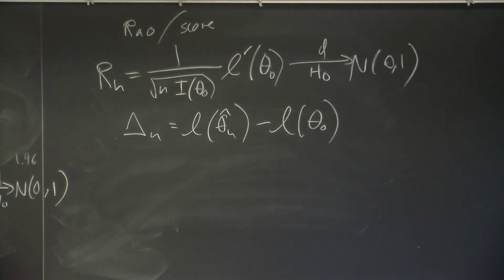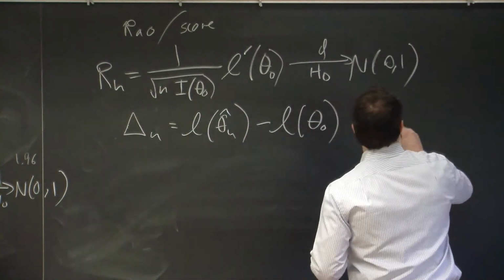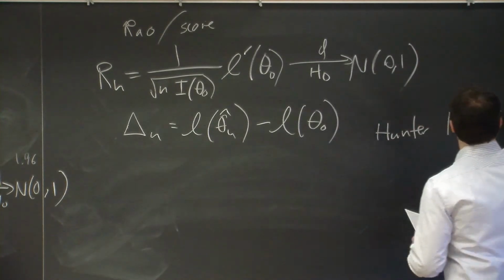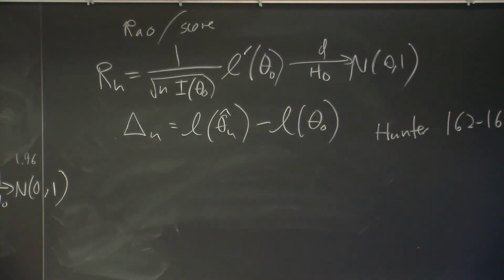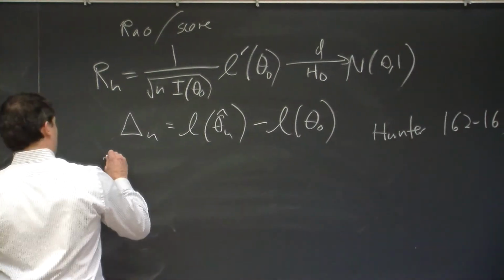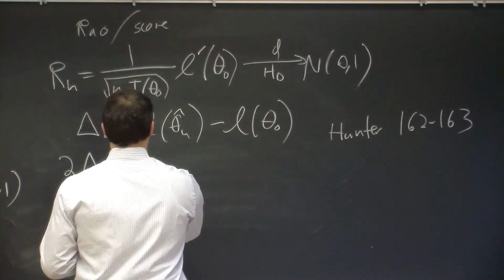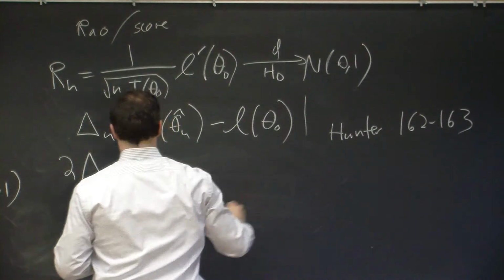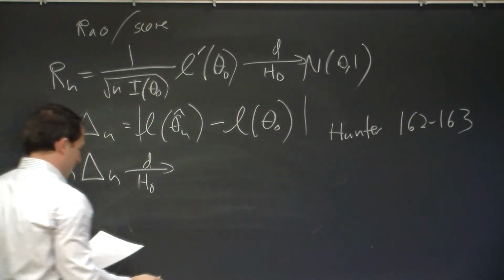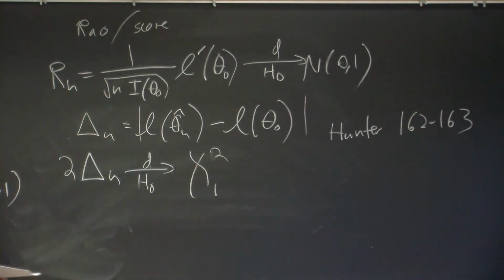If you want to read the calculation, you can look at Hunter's notes, pages 162, 163. It's a six-line argument that does a Taylor expansion. If you do that, you get that twice this difference, and maybe I want to take the absolute value, converges in distribution under the null hypothesis to the chi-squared distribution with 1 degree of freedom.